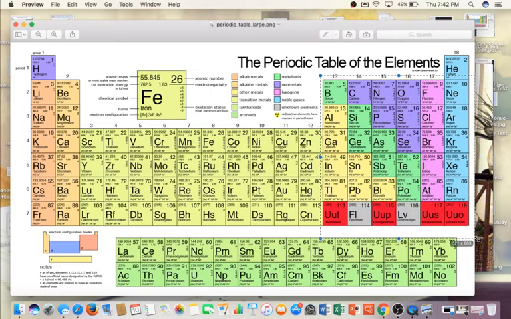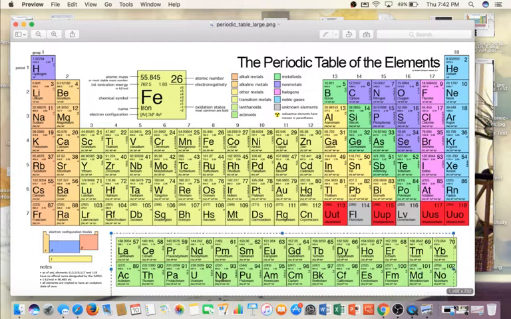Over here to the right of the screen is your P blocks, and at the very bottom, your rare earth metals, right here, are your F blocks. So, if you ever get a question that asks you how many electrons are in each of these different shapes or blocks, just remember to count your elements.